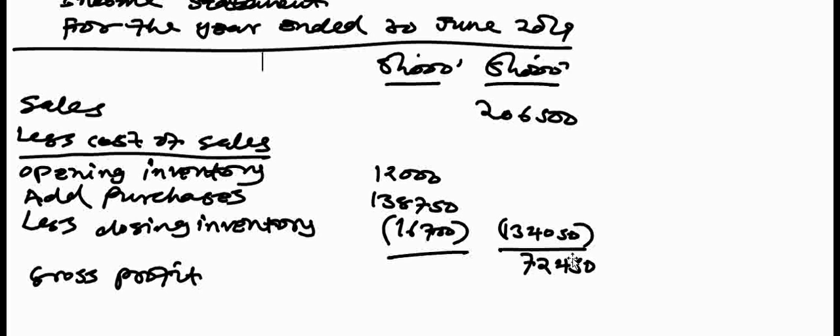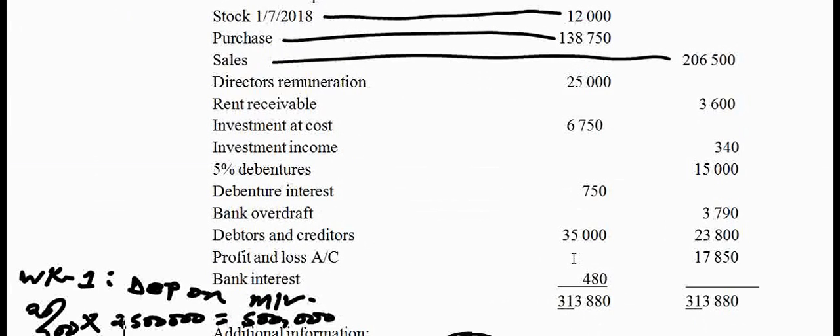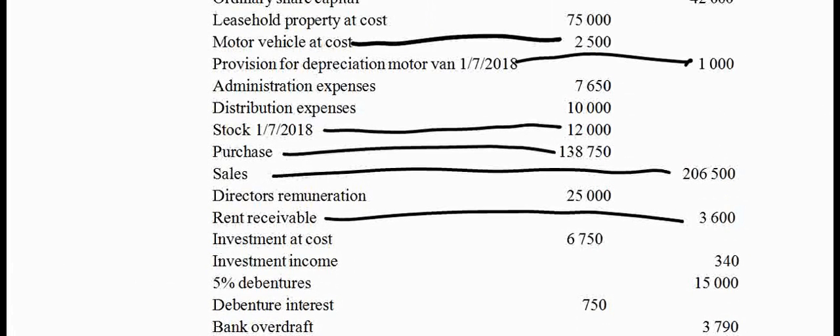Let's see if there are things like discount received that give us what we add as other incomes. There is rent receivable of 3600. And for discounts, I think there is no discount.